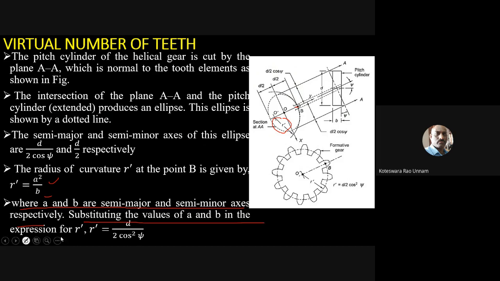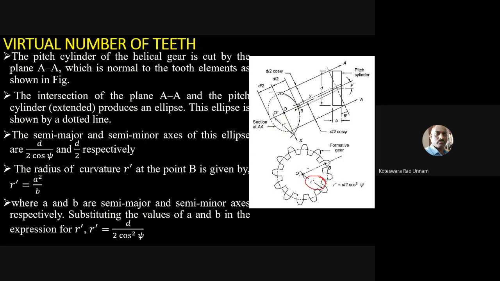Substituting the values of a and b, where a and b are the semi-major and semi-minor axes respectively, your radius of curvature R dash is given by d divided by 2 cos square psi. A square is d by 2 cos psi whole square, and b is d by 2. So one d by 2 will cancel out, and you will be left with d by 2 cos square psi only.